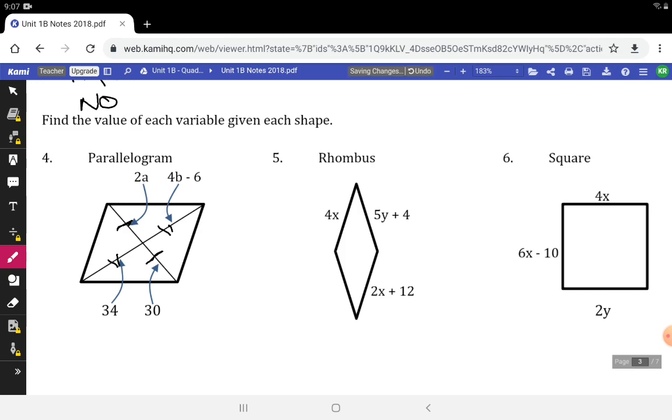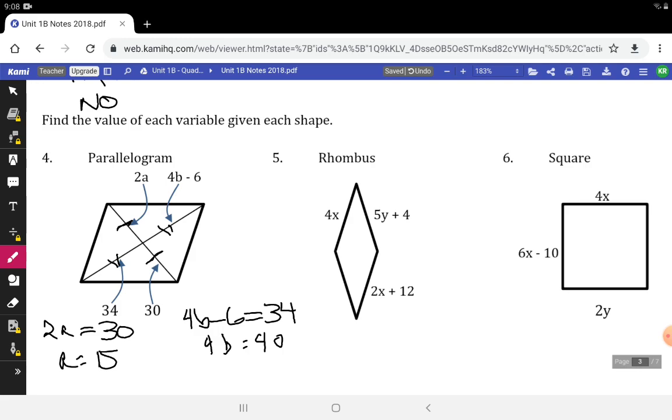So knowing that congruency helps us to set up an equation, because we can say that 2a equals 30 and 4b minus 6 equals 34. If 2a equals 30, then we know that a equals 15. And solving the second equation, we'll add 6 to both sides and get that 4b equals 40, which means that b equals 10.